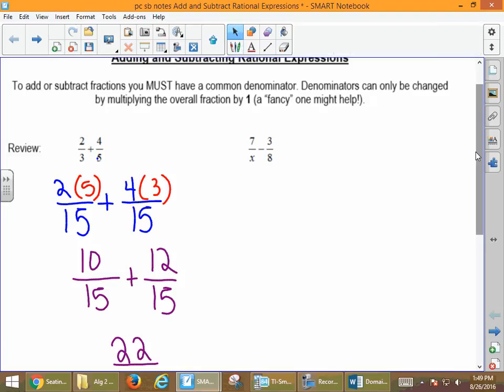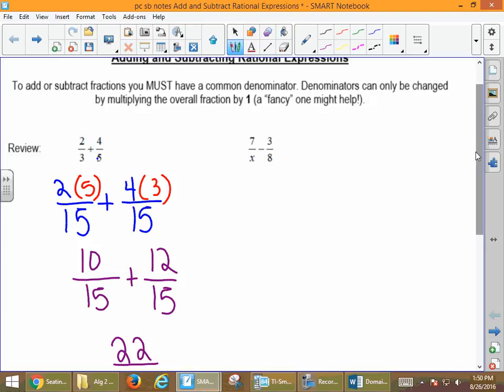But now let's look at one where we have a variable and a number in the denominator. And similar to the first problem, what we can do is we can take the x and the 8. Did I ever press record? Thank you. X and 8. And there's nothing in common between x and 8, so we can multiply them together.